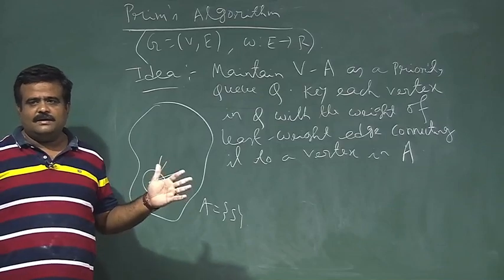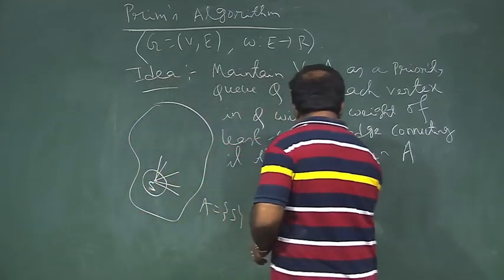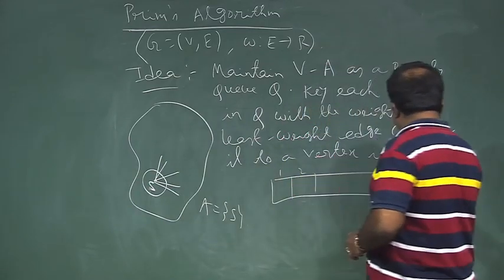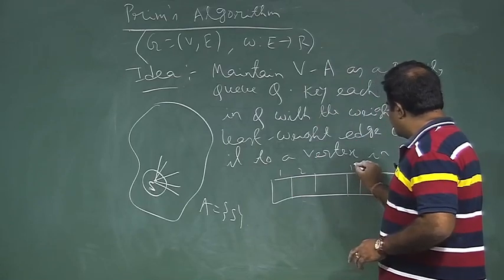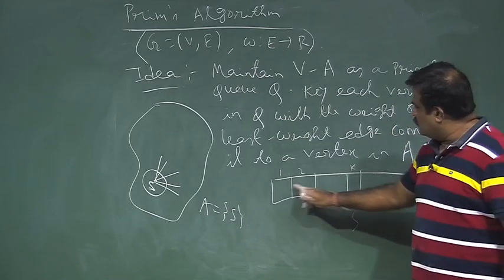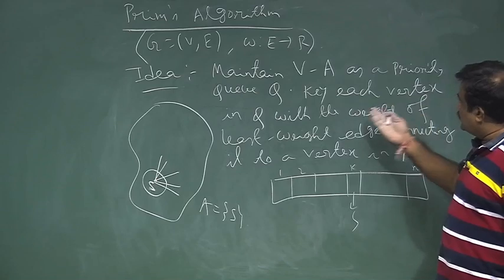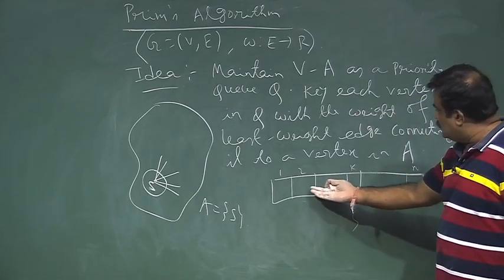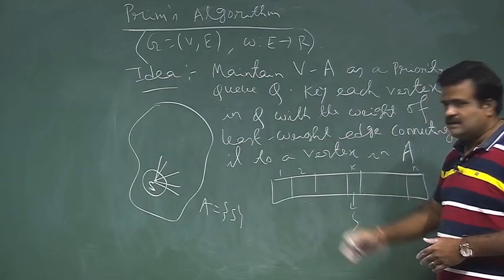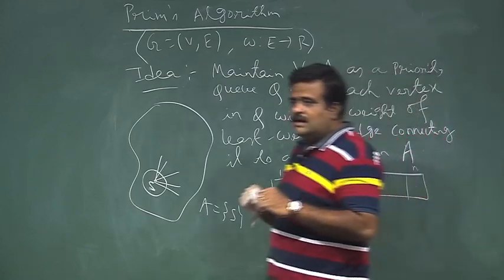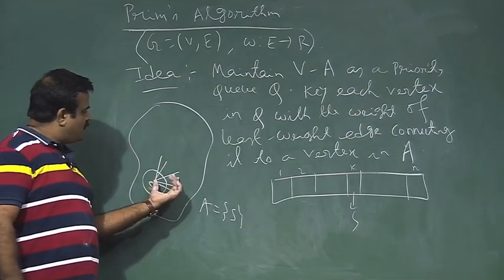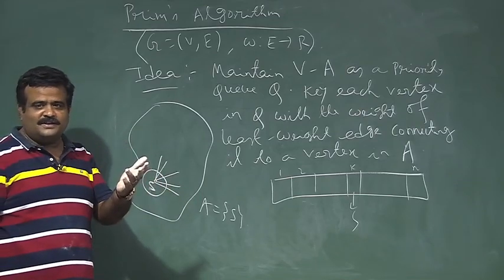So, we can just have an array. If there are n vertices, we have V1, V2, V3, up to Vn. Among these vertices we consider a vertex Vk as S, this is our S. Now, we key the weight of each vertex as the minimum weight of an edge connecting that vertex to A, and we choose the minimum weight edge, which must be in the minimum spanning tree, and that is the greedy choice.